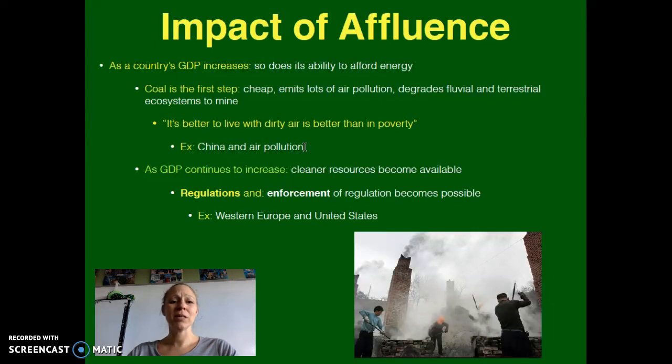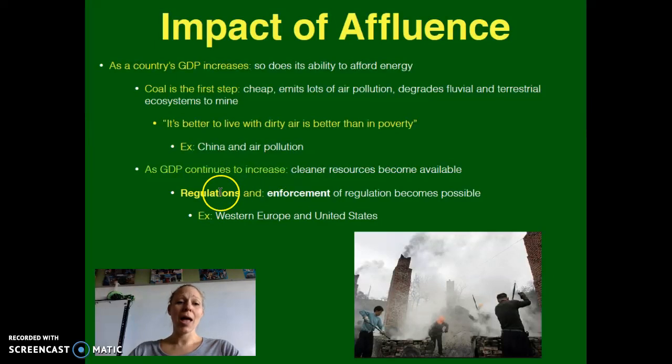So as GDP continues to increase, cleaner resources become more available. So we can start to put money into research on improving solar energy, wind energy, maybe making a battery that can store energy for longer.